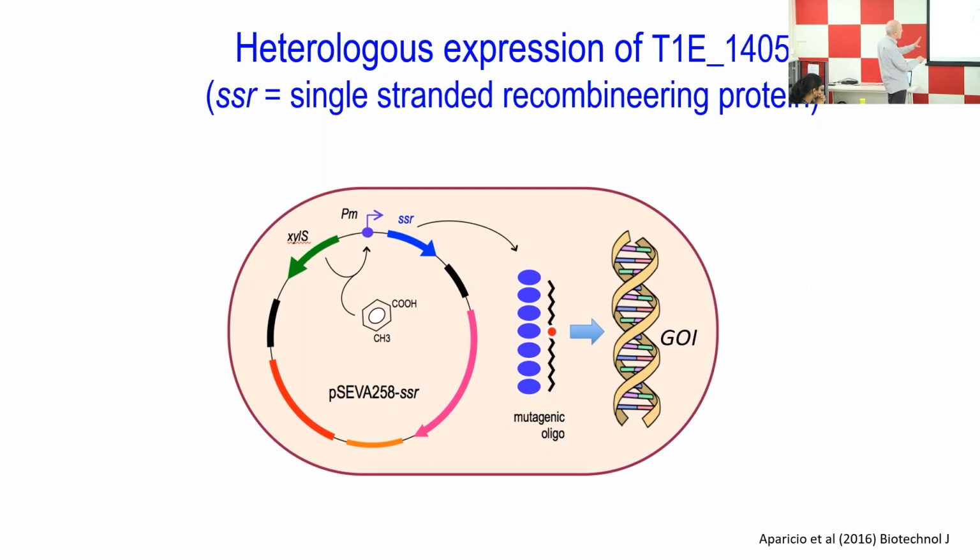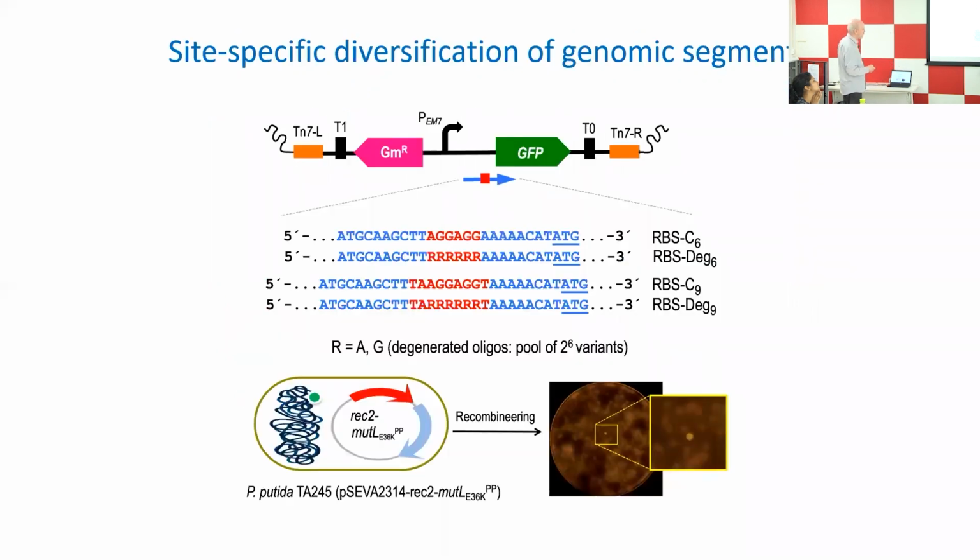In this case, it's a protein called SSR, but there are many others that can be expressed through a device that responds to benzoate. And then when that happens, the protein will be associated to the oligo and will penetrate, will invade the replication fork, and therefore mutagenesis will happen.